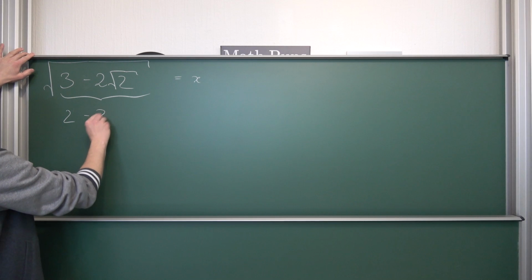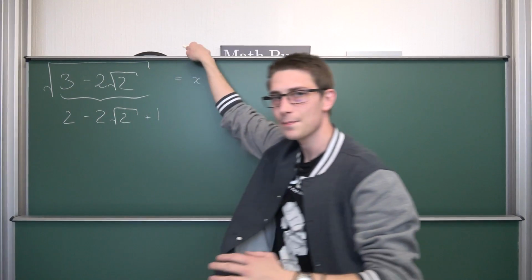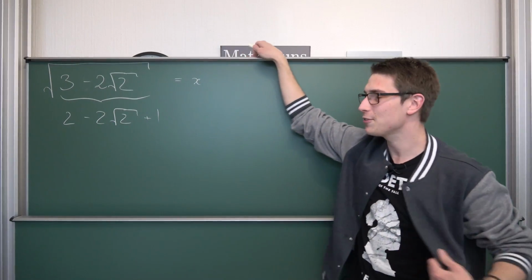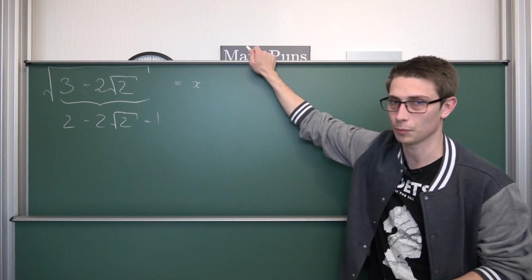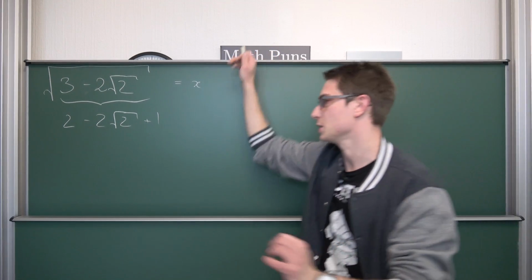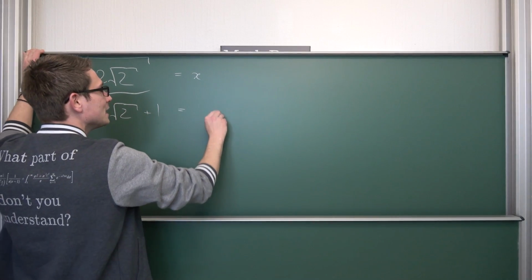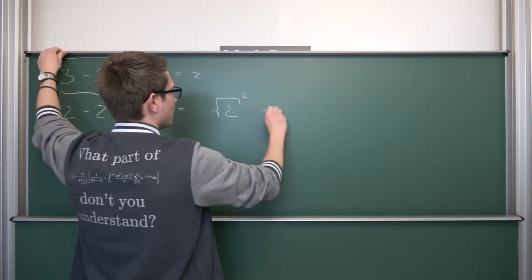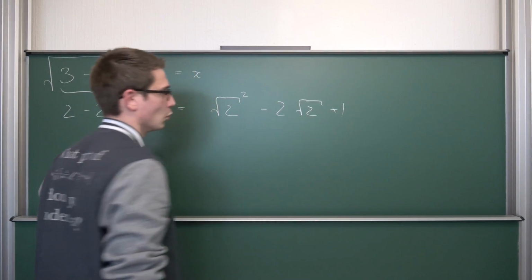So 2 minus the square root of 2 plus 1. And this right here is actually perfect. What we have here is so close to being just a regular binomial, because the 2 that we have in the front is nothing other than the square root of 2 squared. And then we have the middle part, negative 2 times the square root of 2, and then plus 1.